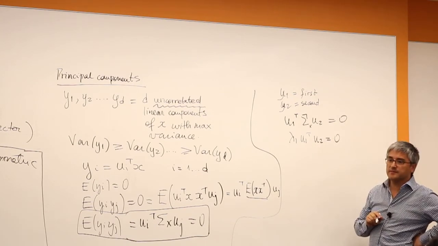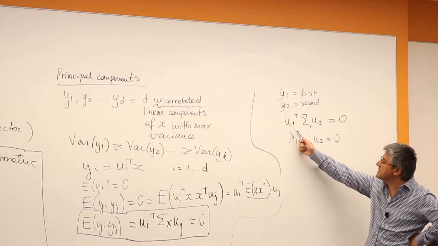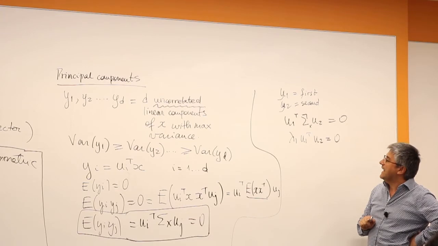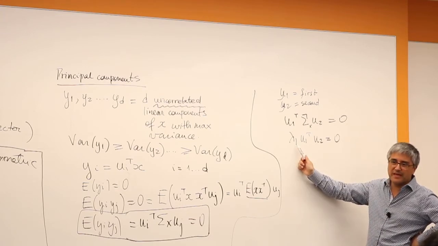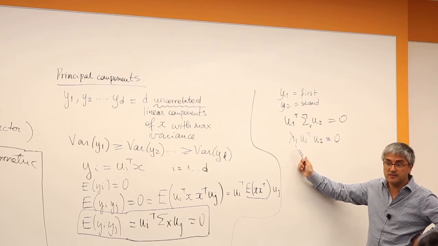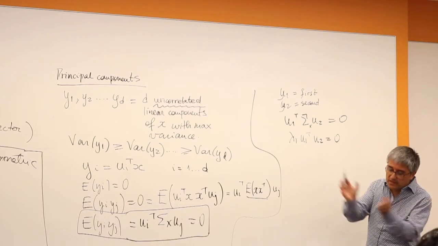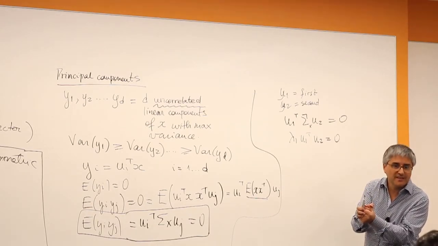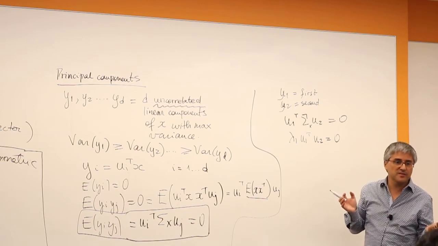All right. Agreed? Because that guy is an eigenvector, I can do that. Now, lambda 1 was supposed to be that variance, right? The largest variance of all the variances possible. Unless the data is super degenerate, that everything is at the origin, that variance better not be 0.